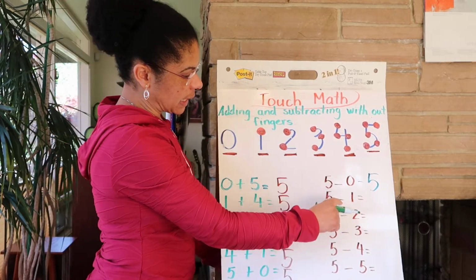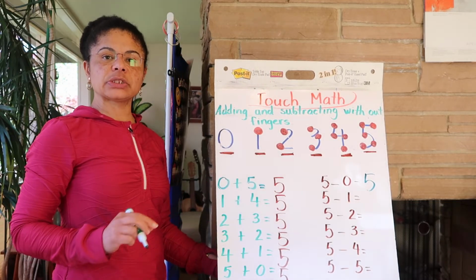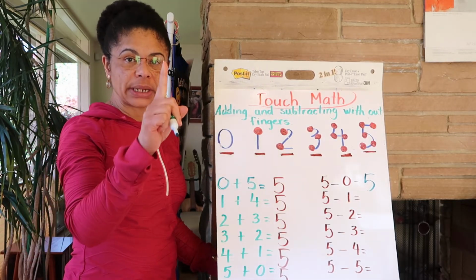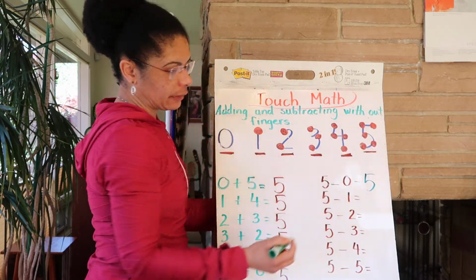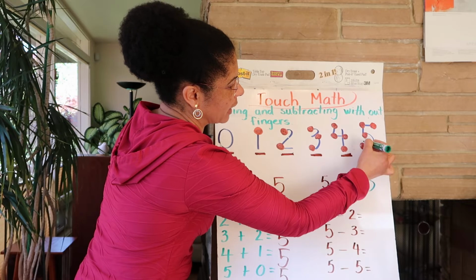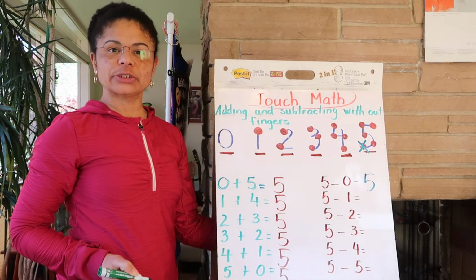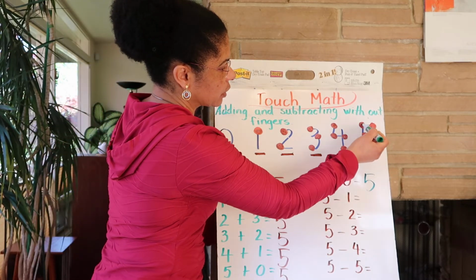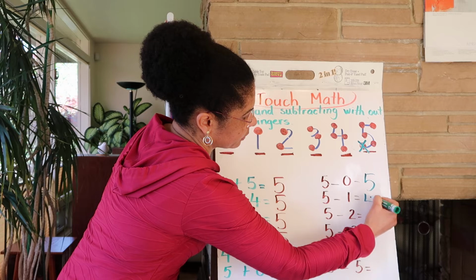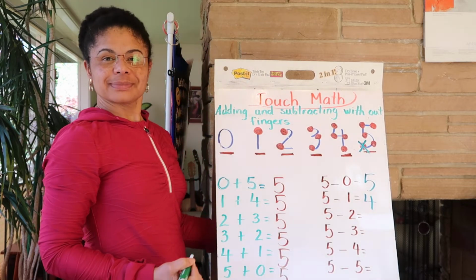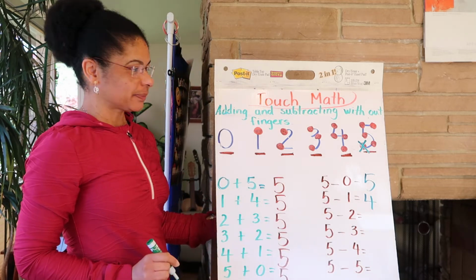Now the next one says 5 subtract 1. I need to subtract 1 from 5. Here is 5, and I'm going to subtract 1. What do I have left? 1, 2, 3, 4. 5 subtract 2.